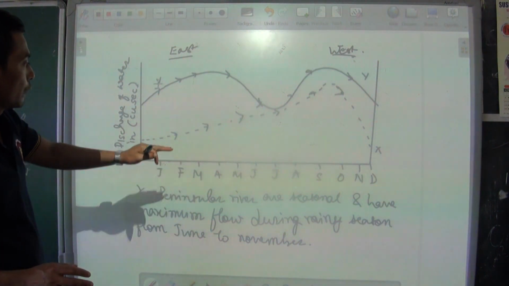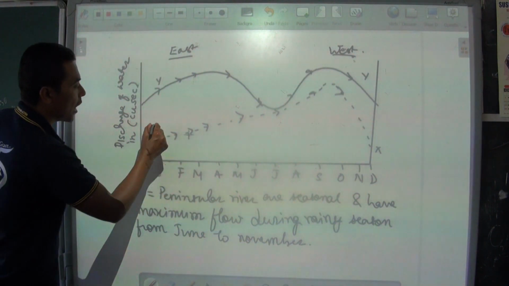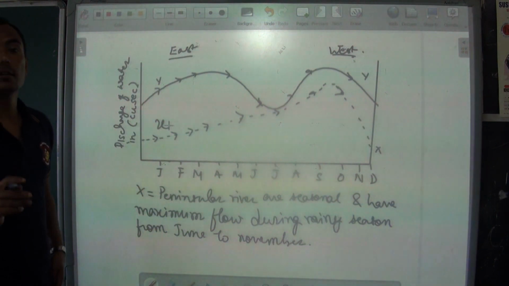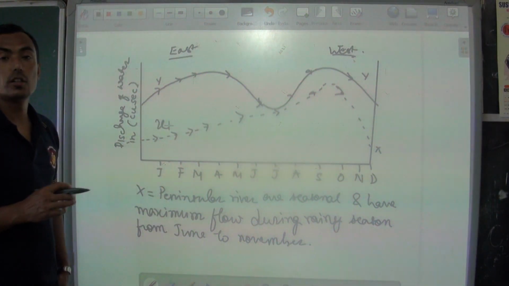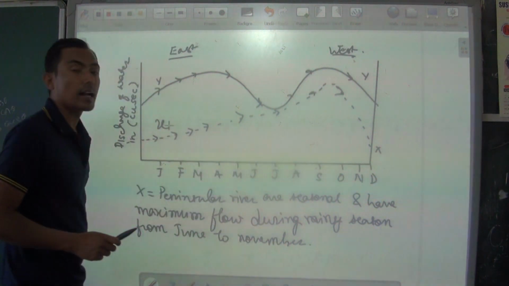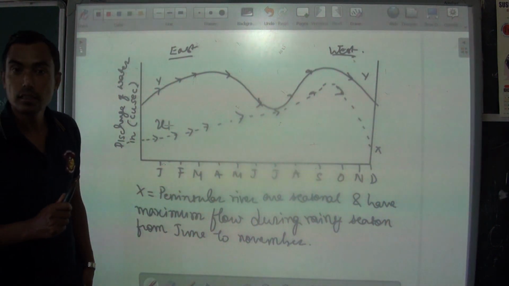Whereas if you look at these dotted lines, I have given them the name X. Clear? These X rivers flow especially in peninsular India. These rivers are seasonal in nature and they do not flow throughout the year.